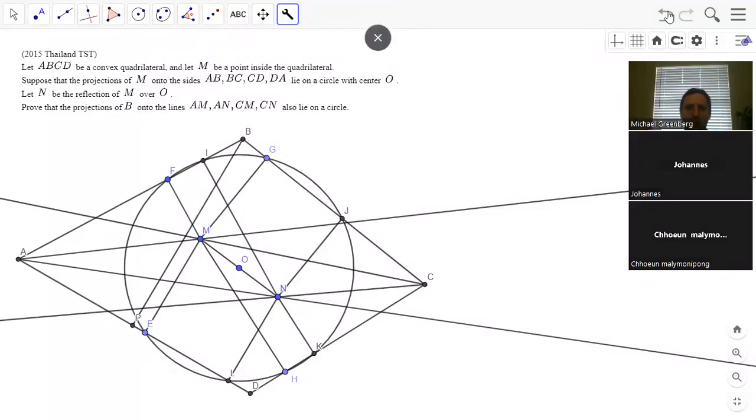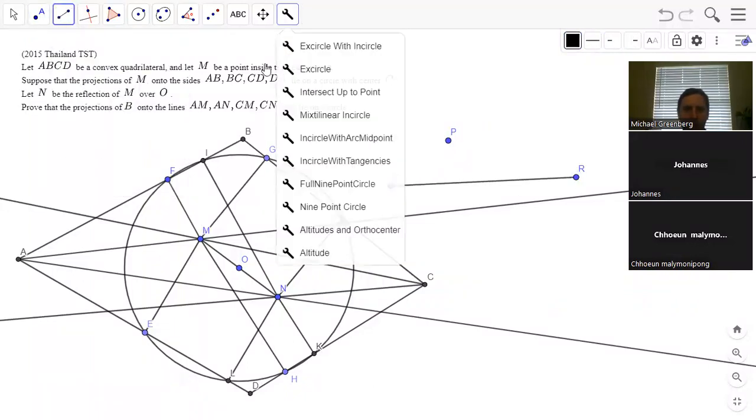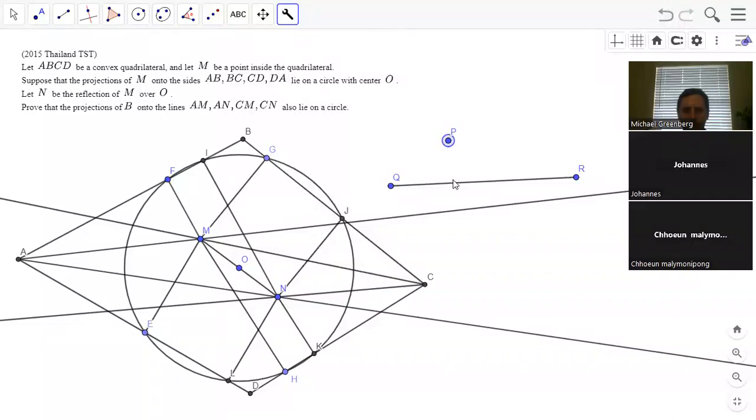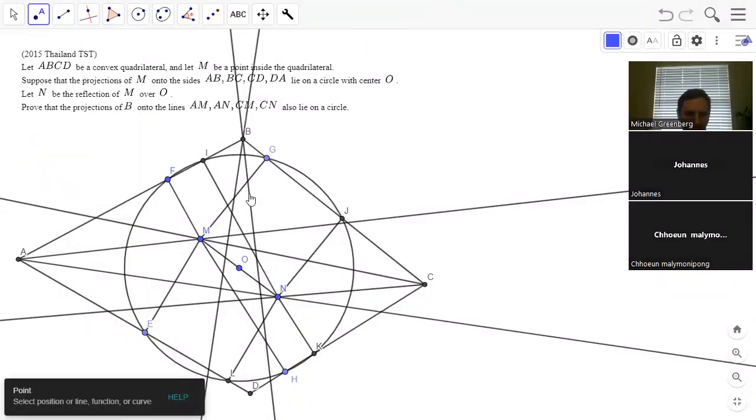But I think it has to be a segment instead of a line. If you have a point and a segment, it'll do it. Yeah, but the problem is it's not a segment, it's a line. So I'll make it better next time. For now, I'll just do it this way.